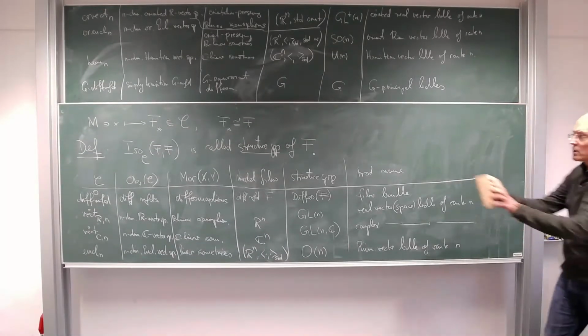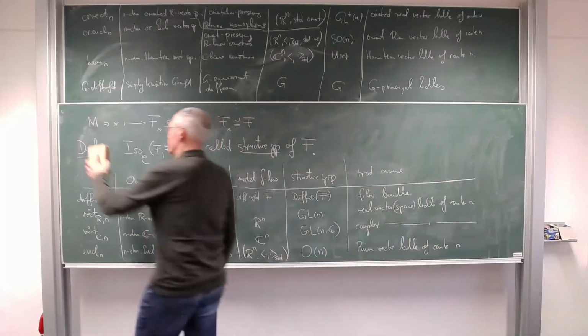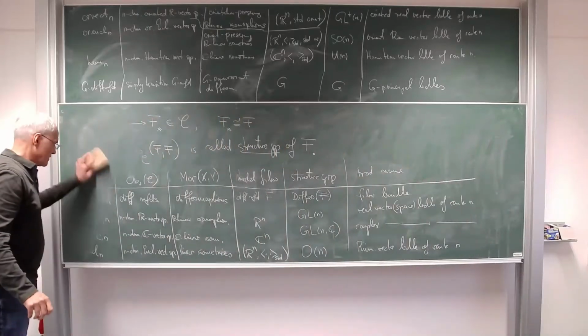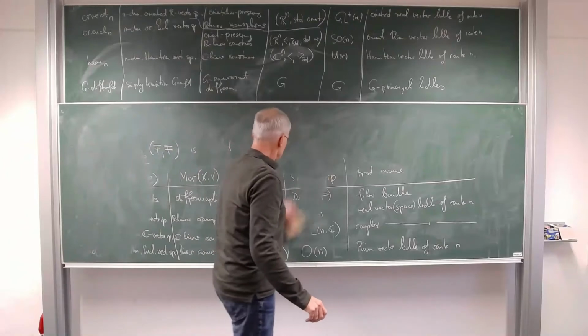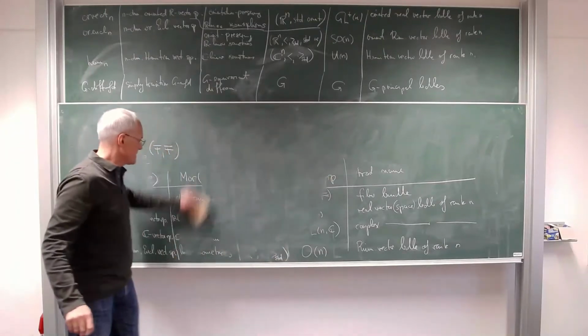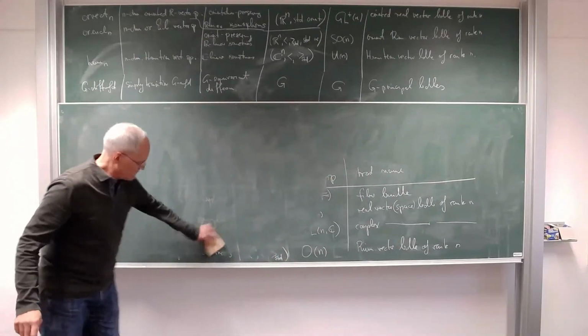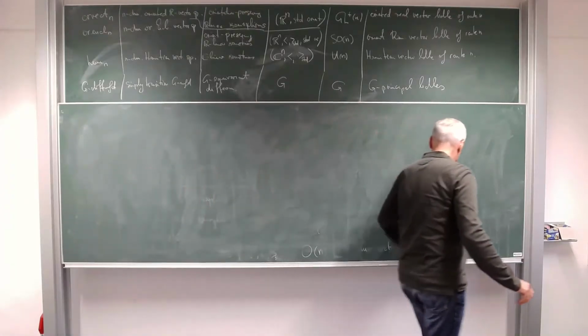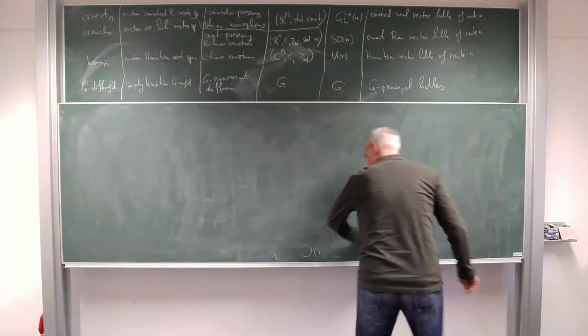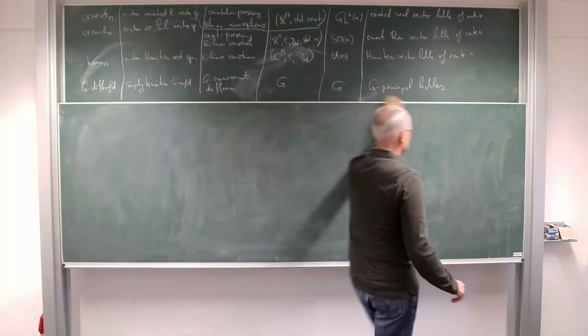All right. So the next thing is to talk about sections of bundles. Bundles have been invented because one needs their sections, not because of themselves somehow. And so let me discuss sections.